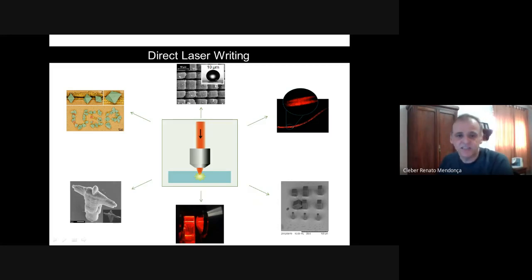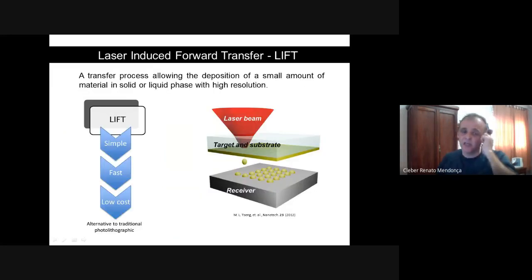Therefore, as we can see here, it can be used for different materials, from crystals to glasses and to organic materials. So it's a very broad way of processing different materials.